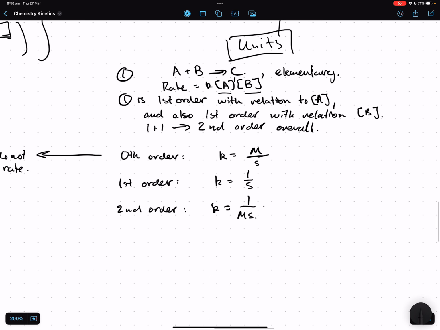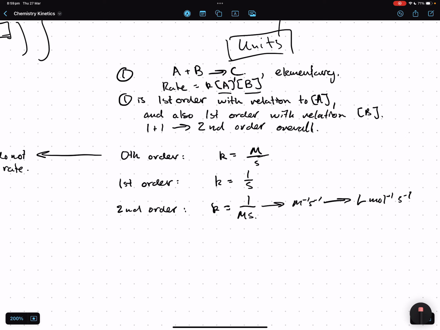It's equivalent to this, and I don't like how this is written out. You can also write it as molarity to the -1 seconds to the -1, with liters, which is especially heinous in my opinion. Technically by convention, that's probably right.